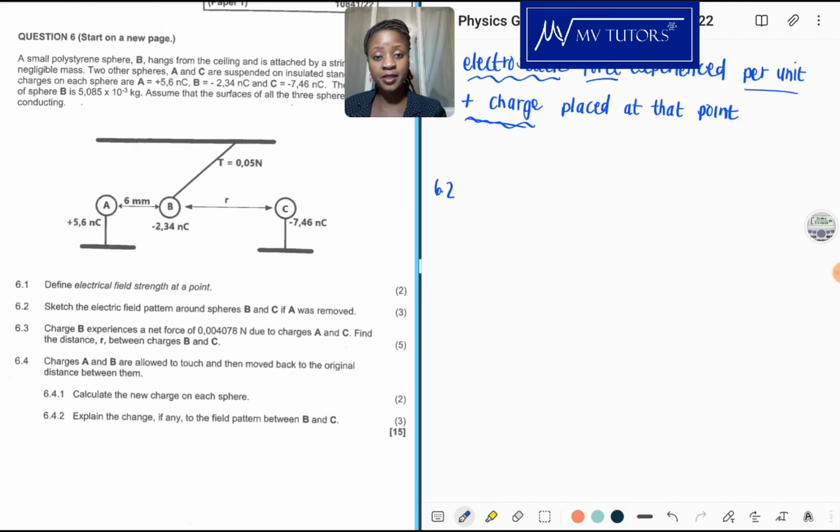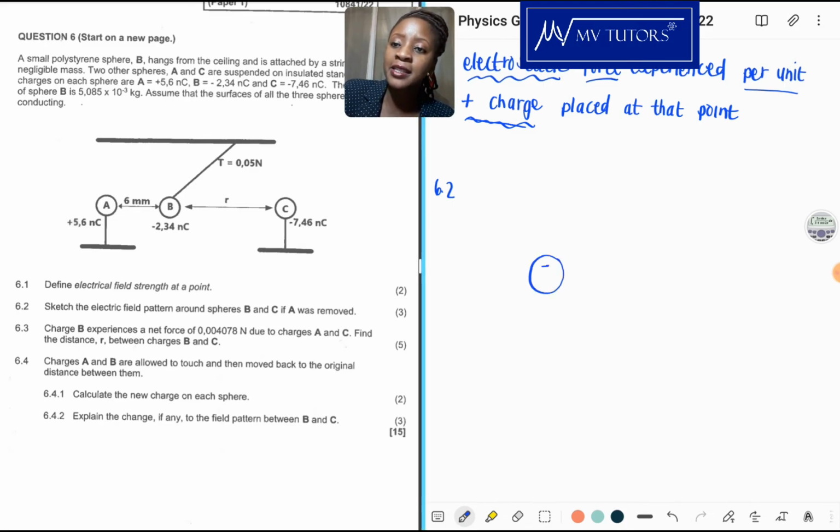So A is the positive one that B is attracted to, hence you can see the tension force in the string. Now if A is removed, you have B and C. They are still going to repel each other because they are both negative. So we have B here and C. When you draw electric field lines, first of all, when they come from the surface, they are perpendicular.